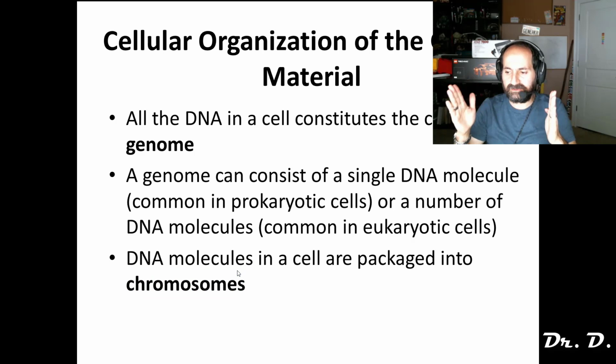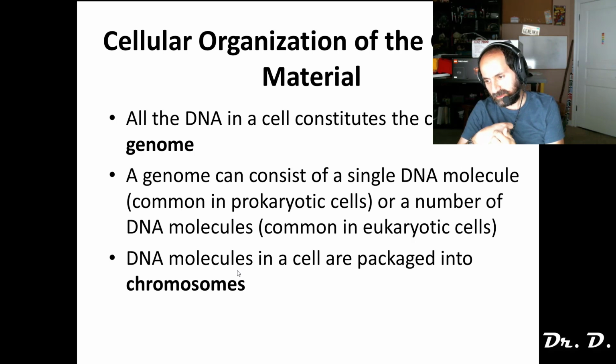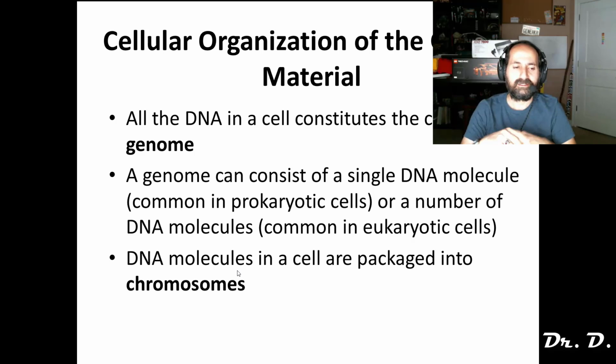So how many pieces of DNA do humans have? You and me. How many chromosomes does a typical human have inside the nucleus of each and every one of their nucleated cells? How many pieces of double-stranded DNA? Well, the answer is 46 chromosomes.